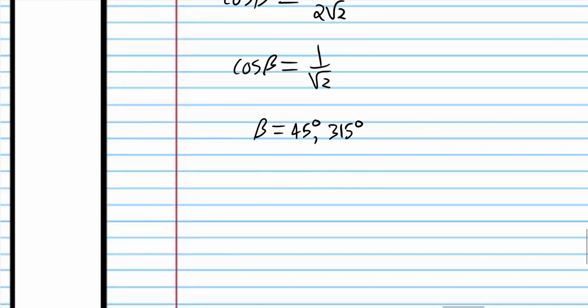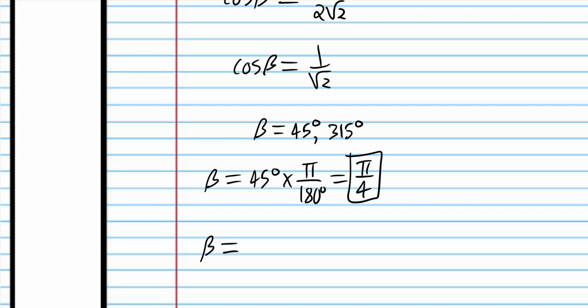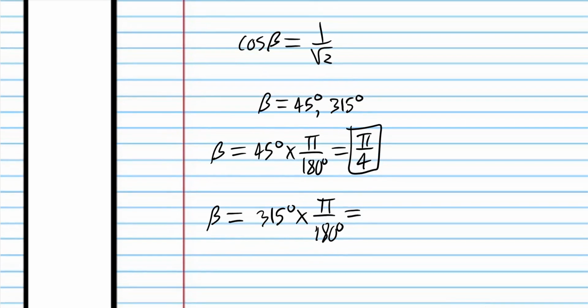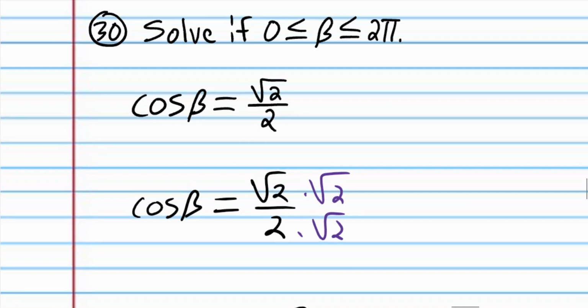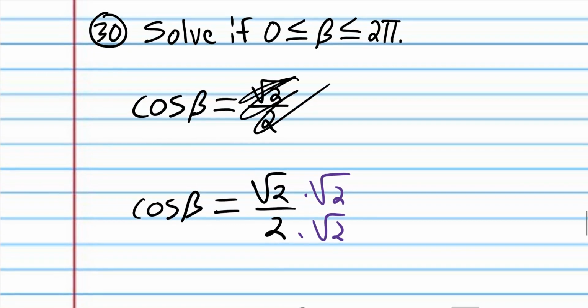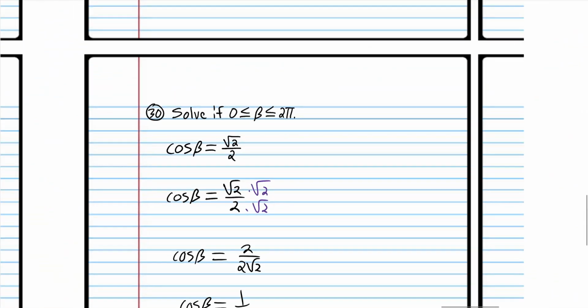But we have to convert these to radians. So 45 degrees times pi over 180 degrees is equal to pi over 4. And 315 degrees times pi over 180 degrees is equal to 7 pi over 4. So there you go. If you got that one right, excellent. Again, you may have ratios that you do not recognize, and you'll have to change the form so we don't have to use a calculator.